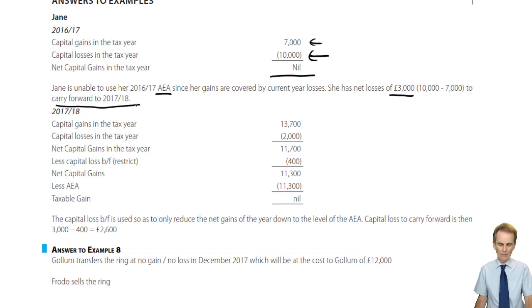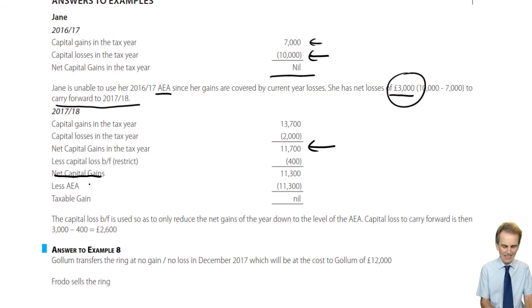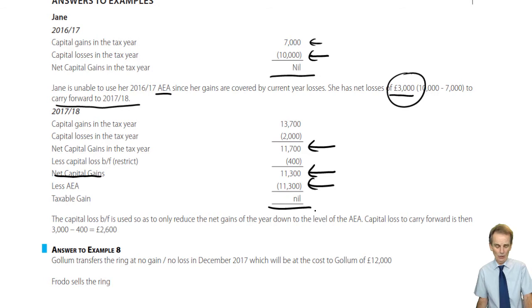So what happens in 17-18? Again, we must net out the gains and losses of the year. That leaves us with 11,700. How much capital loss do we have brought forward? 3,000. But we only have to bring down our net gains of the year to the amount equal to the AEA, so as to leave us with a nil taxable gain and utilise the minimum amount of the loss brought forward as will be necessary.